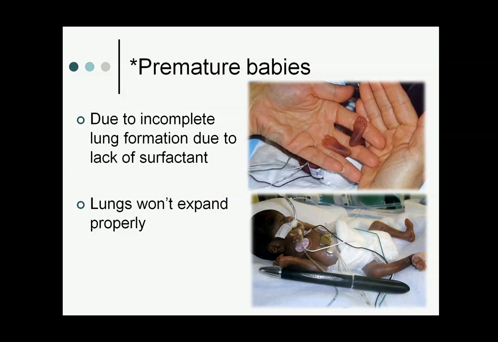And so obviously the danger here is not enough oxygen to the tissues, primarily the brain. And so, things are pretty drastic in the case of a baby as small as a doctor's pen. Kind of a sad picture, but thankfully science has figured out ways to increase the odds of these babies surviving.